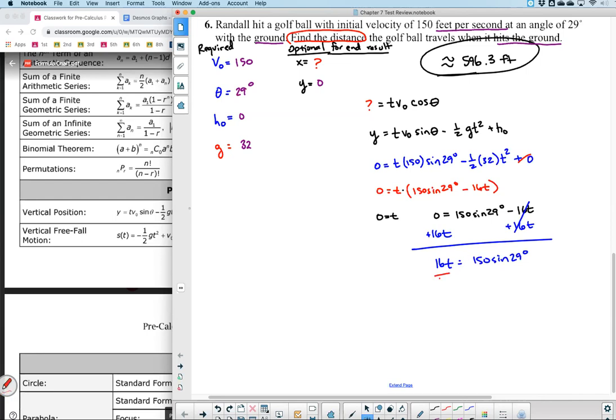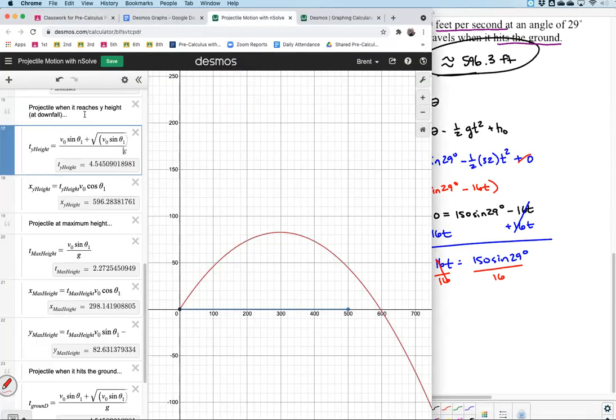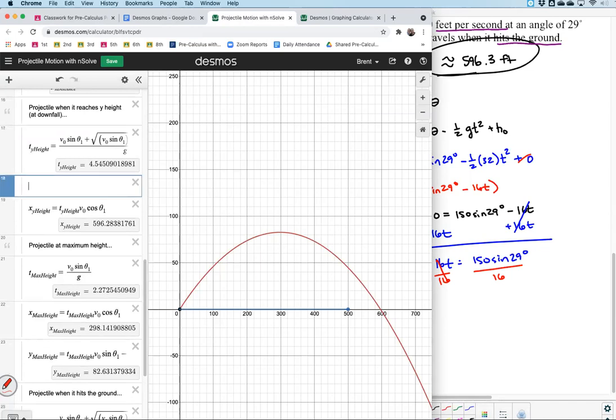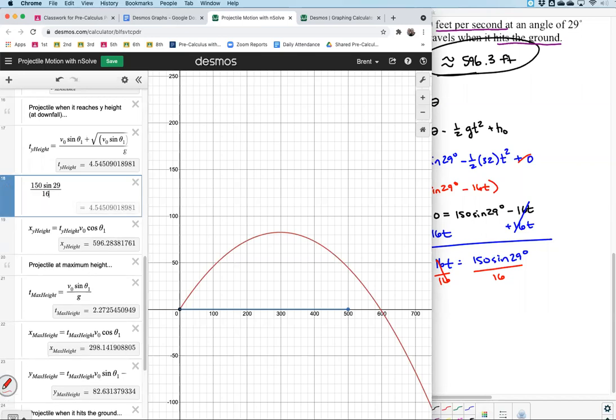When I divide this by 16, we're going to get that 4.5 seconds value we saw in my calculator earlier. Go to calculator. It's going to be this number right there. I'll prove it to you. 150 sine of 29 degrees divided by 16. You see how they perfectly match up?